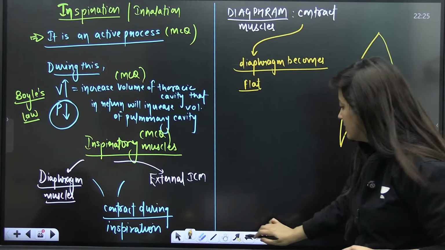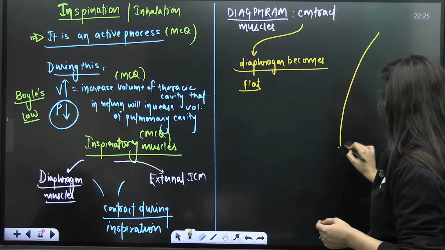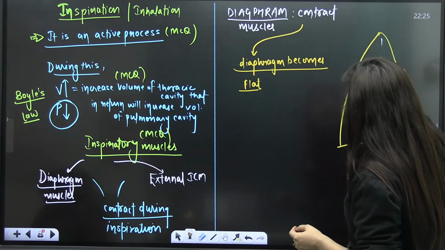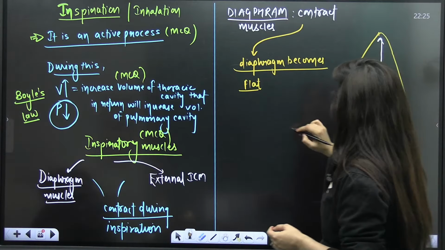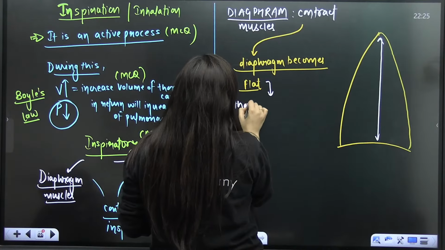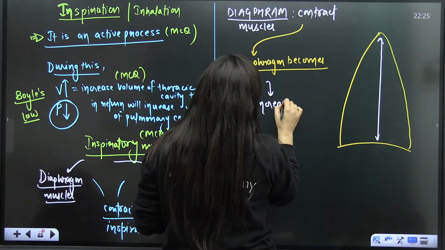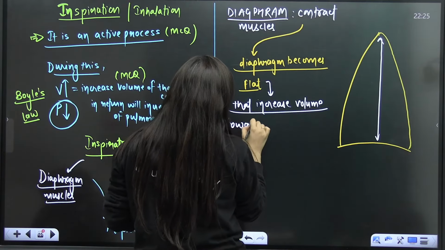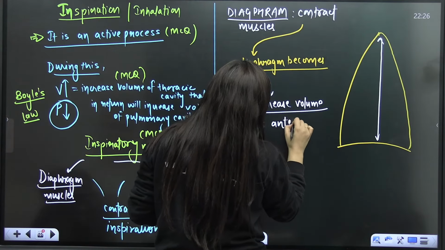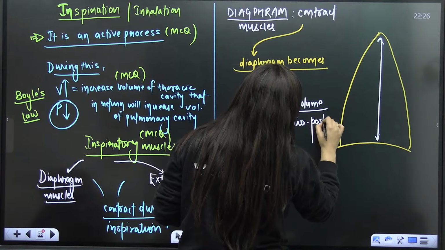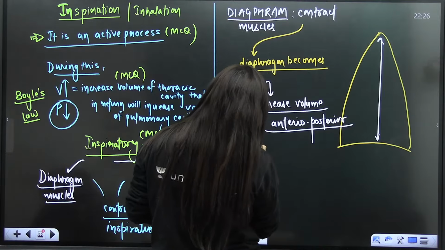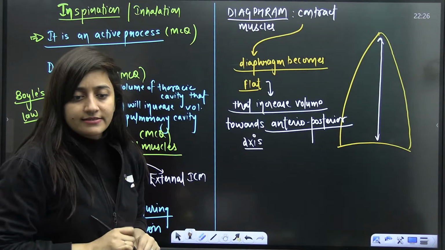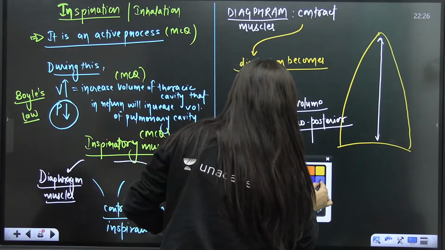Now, if it will become flat, don't you think that will overall increase the volume? And how will it increase volume? It will increase towards the anterior posterior axis. This is the first step.